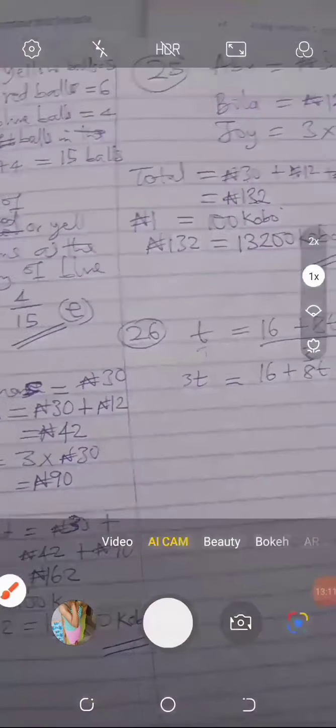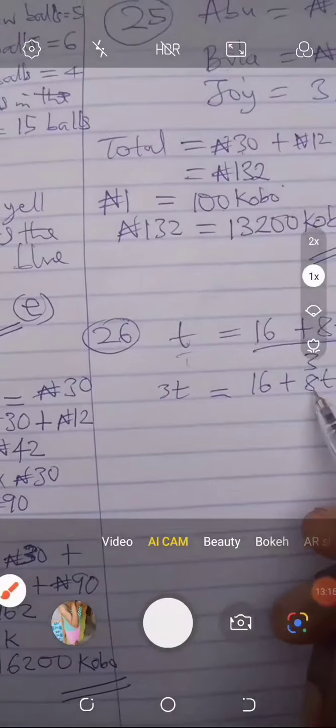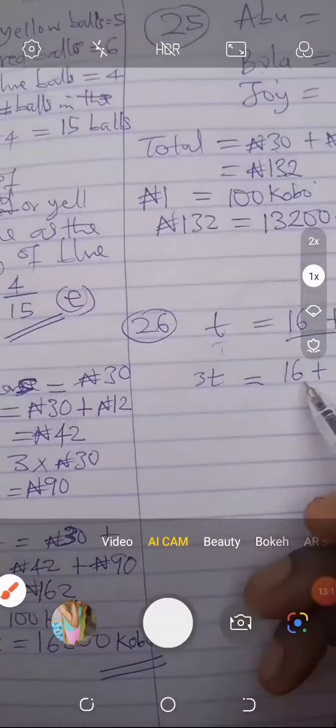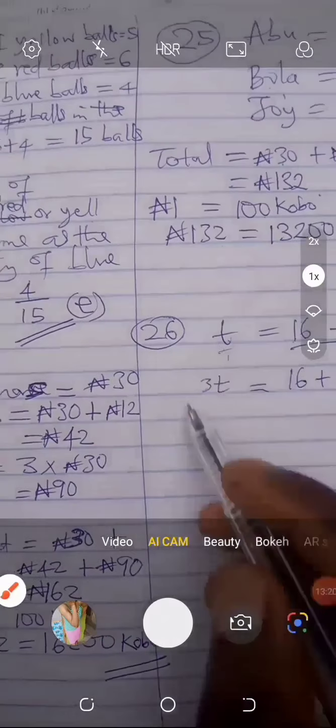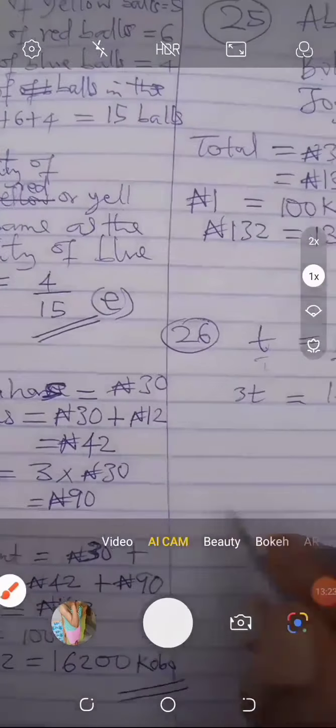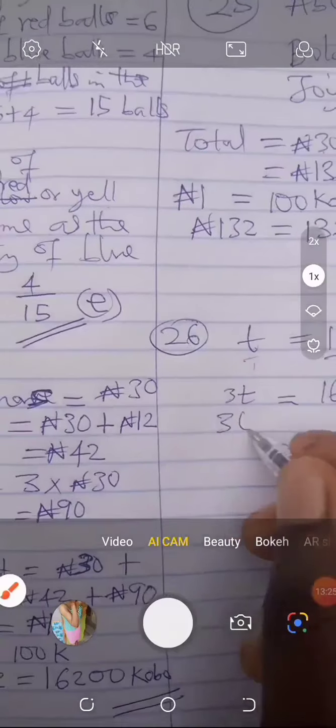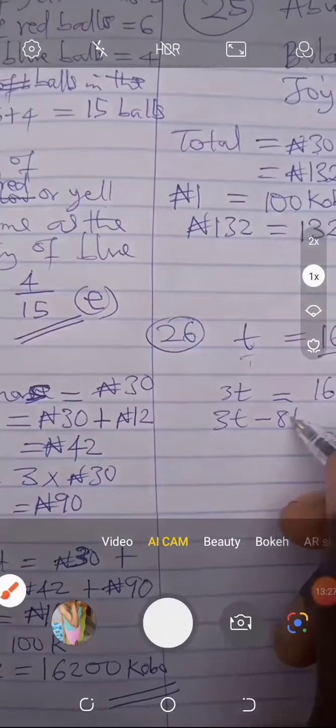So that is what I have now. Of course, I can collect like terms. So if I cross this 8t to this side, I have 3t minus 8t.